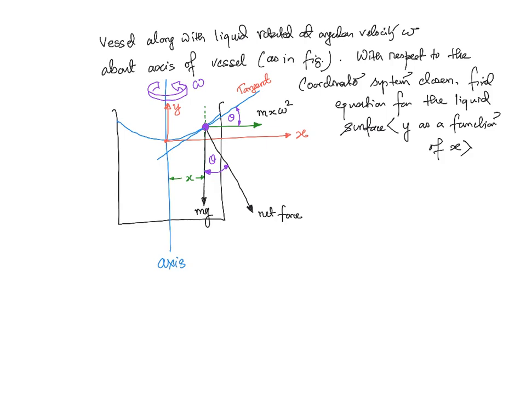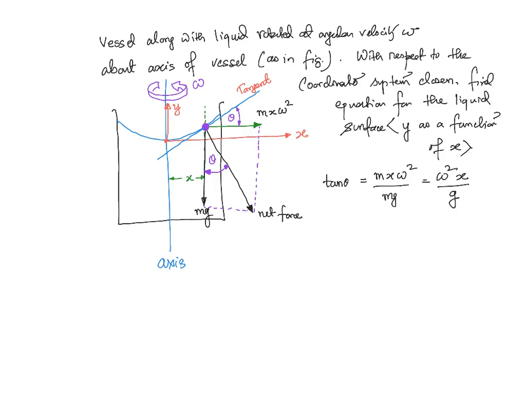So from the vector diagram, tan theta is m x omega square divided by mg, that is omega square times x divided by g.